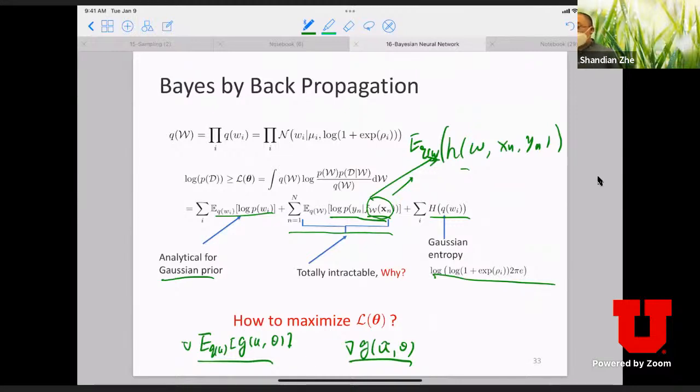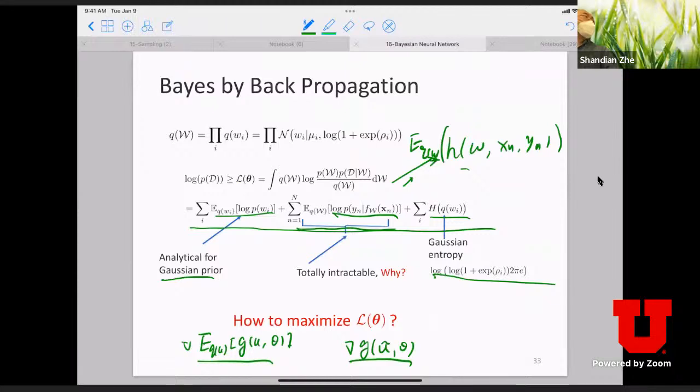So here we met the same situation. We don't know the form of this whole expectation. But we can write the whole objective as an expectation under Q of W. So I can just calculate a stochastic gradient inside here.